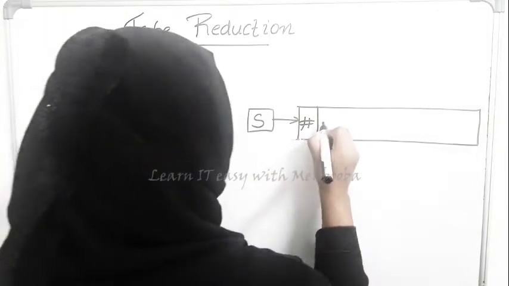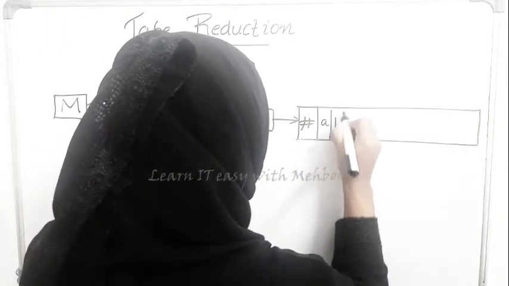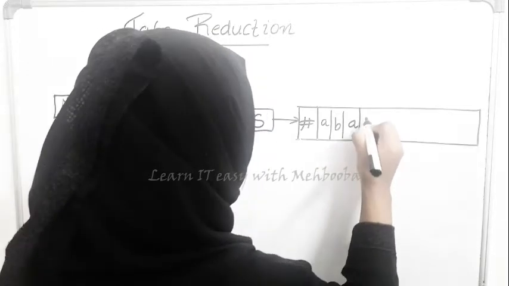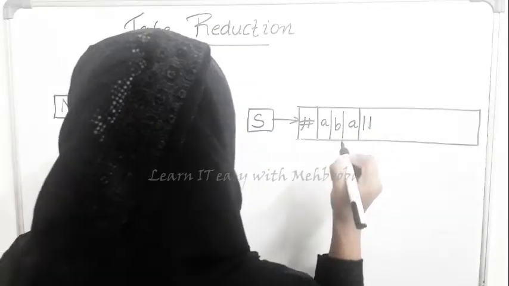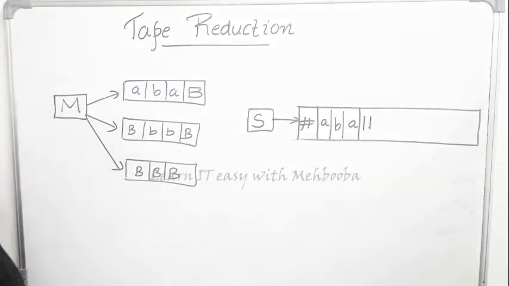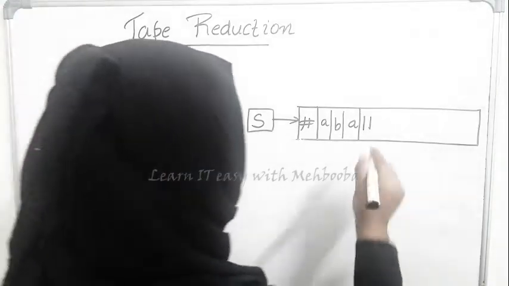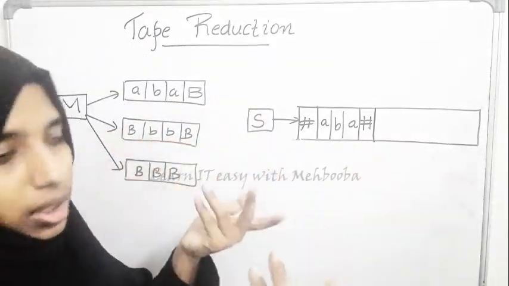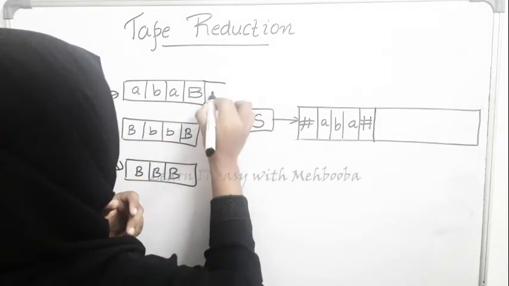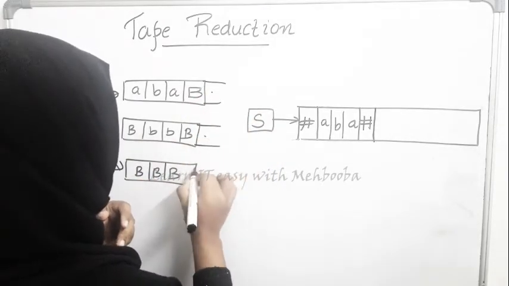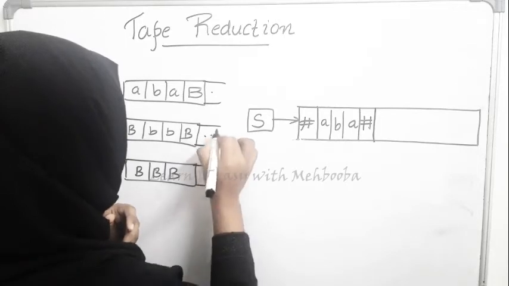Now A should be copied, A should be copied. Now I am using hash again. Only the needed letters are required. I can use hash again to indicate the end of the input string because all the remaining characters are blank. To the right, it is infinite, isn't it? Yeah.